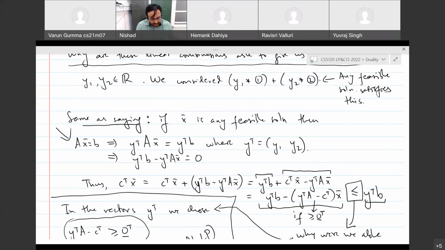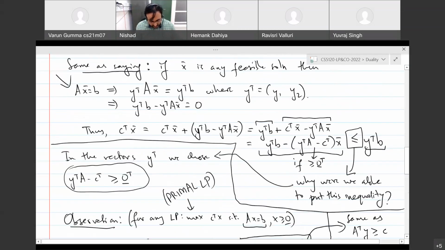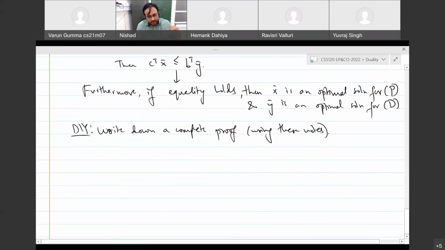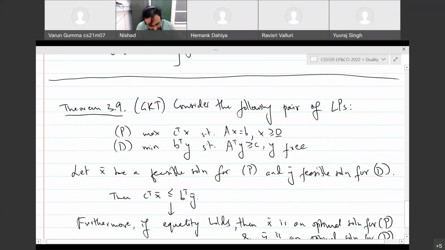All right. So this is worth writing down. There is a point I want to make here. Actually, the theorem 3.9 in GKT is not exactly what I have written here. They consider a different form of LP. So this kind of a theorem is called a weak duality theorem. And you can write a weak duality theorem for any special form of a primal linear program.